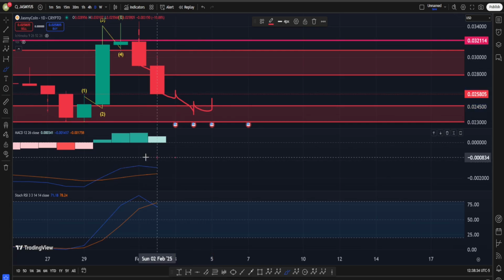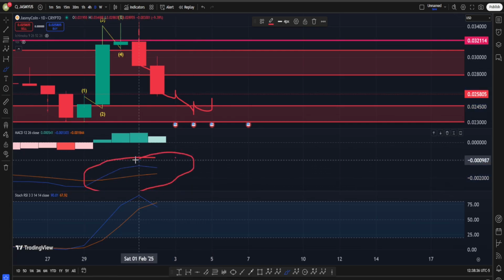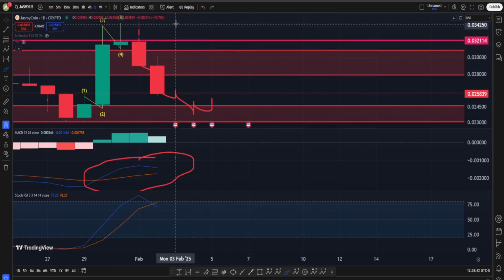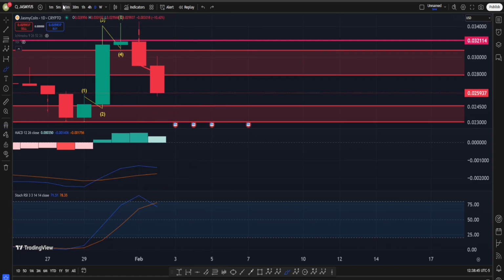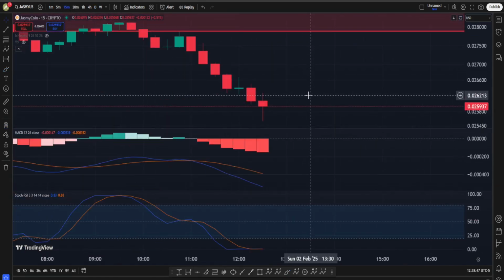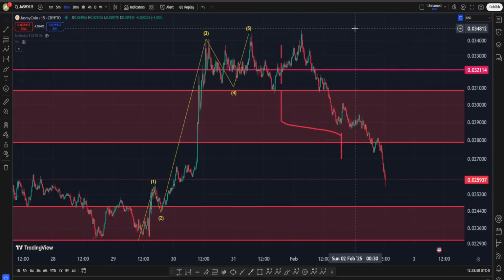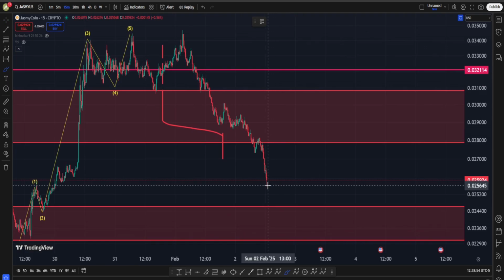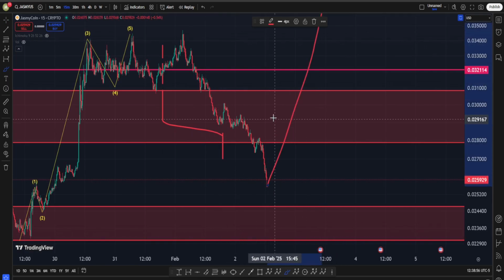Why is that? Because again, we are having a buy signal in MACD. And if this is actually a correctional structure and we want to have a bounce back, I think we are actually going to do something like this. Let's go on 15-minute chart. Okay, let's say this is a correctional structure. After this correction is over, I don't think that we are going to get a straight move on the upside in order to take all the highs.